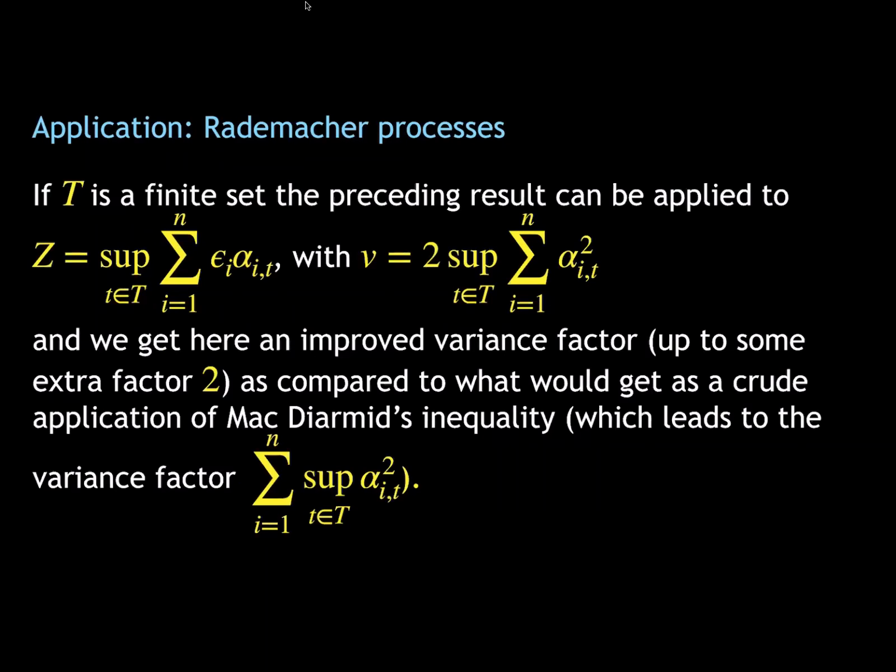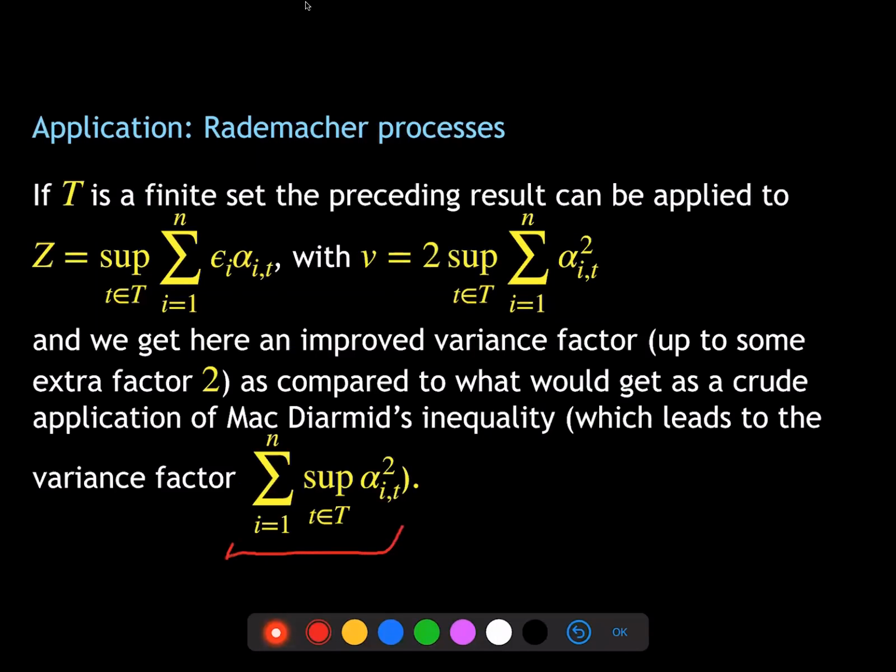So this means that with respect to the crude application of Talagrand's inequality, Talagrand's inequality would lead to a variance factor, which is like that, and where the sup is commuted with the sum. But we have seen already that the sup of the sum can be much less, can be of an order of magnitude which is much less than the sum of the sup. Okay? It can be much smaller. So we have a gain, despite of the fact that we have lost a factor 2 here. Okay, we have a gain.